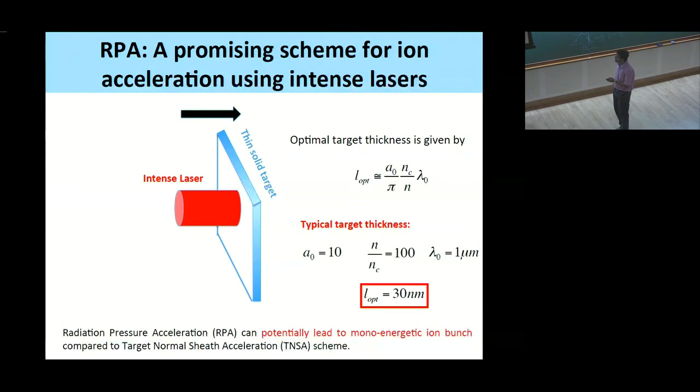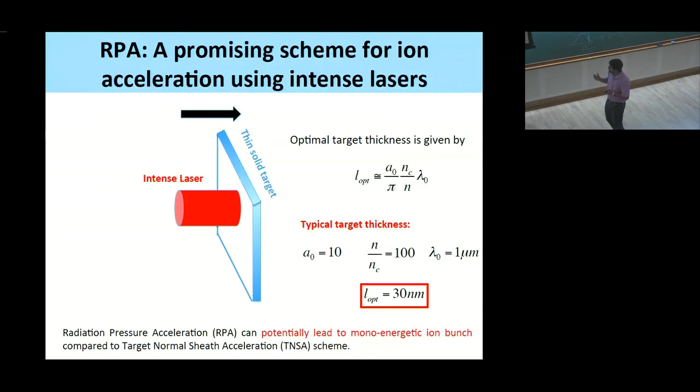The detailed mechanics is that the laser ponderomotive force pushes the electrons first, and that forms an electron compressed layer, but the ions initially do not respond to the ponderomotive force. But because of the separation of electrons and ions, you set up a large electric field that drives the ions. This is a light sail like mechanism, where electrons are pushed slightly, an electric field is set up, and then the ions move.